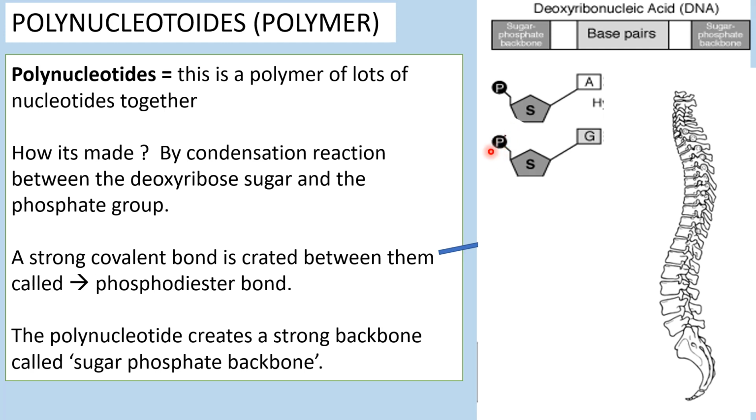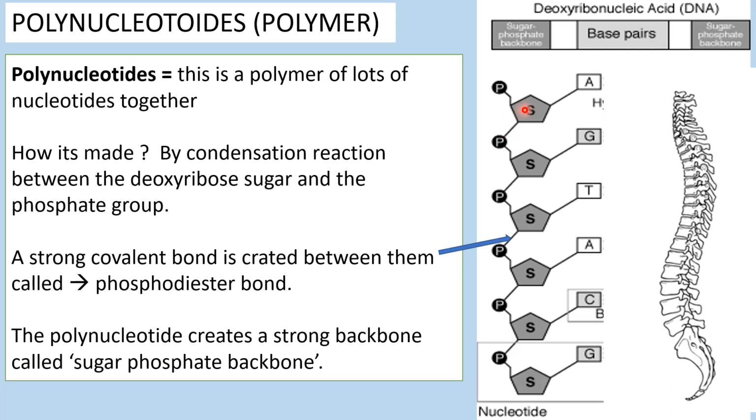A bond will be formed between the phosphate of one nucleotide and the deoxyribose sugar of the other nucleotide. And this forms a covalent bond, a very strong covalent bond. And this covalent bond is known as the phosphodiester bond. And that we need to know.